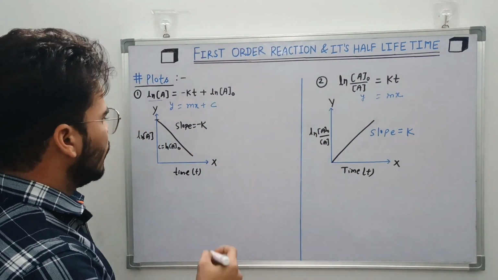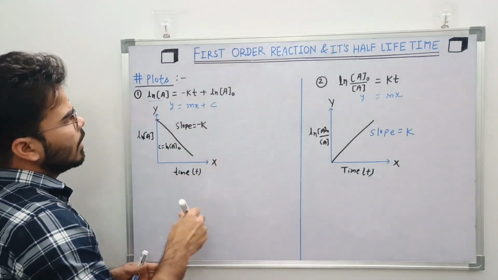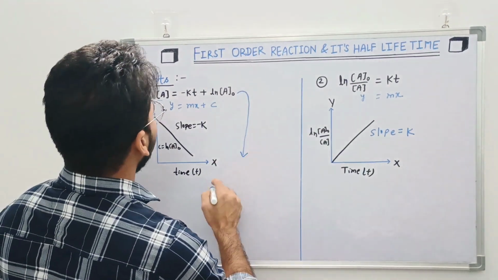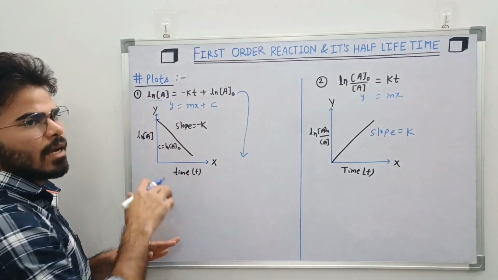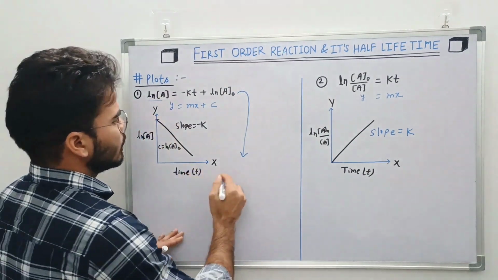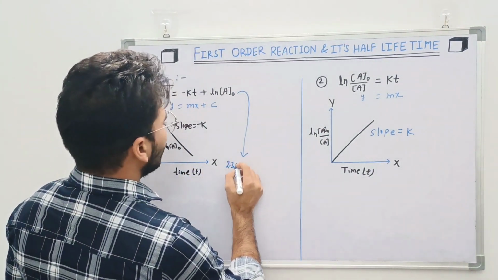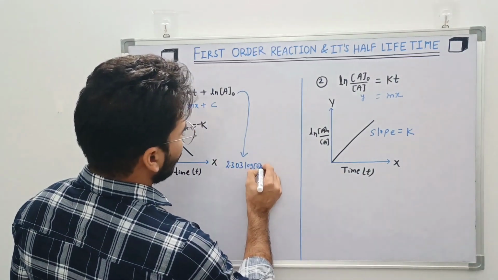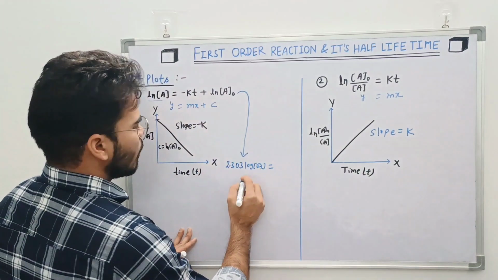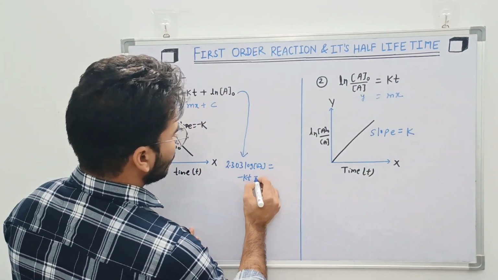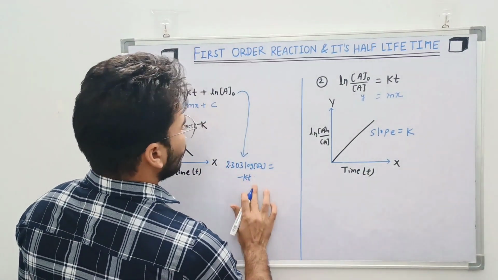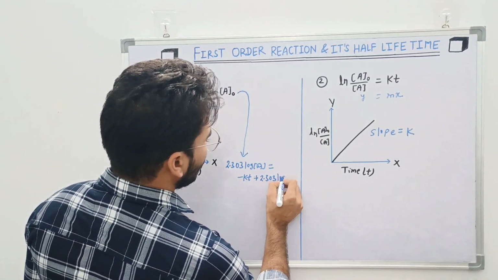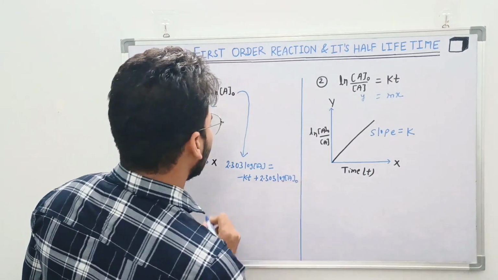So now we can rewrite this equation in another form. We know that when we change ln into log, we have to multiply by 2.303. So this will change into 2.303 log a is equal to minus kt plus 2.303 log a0.